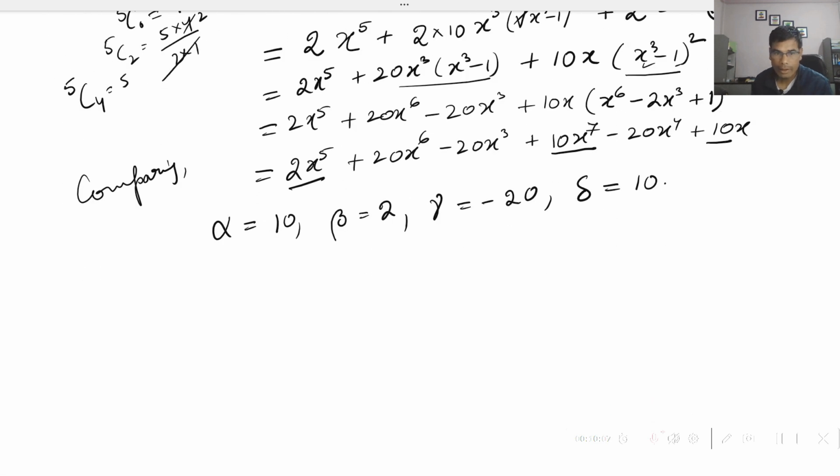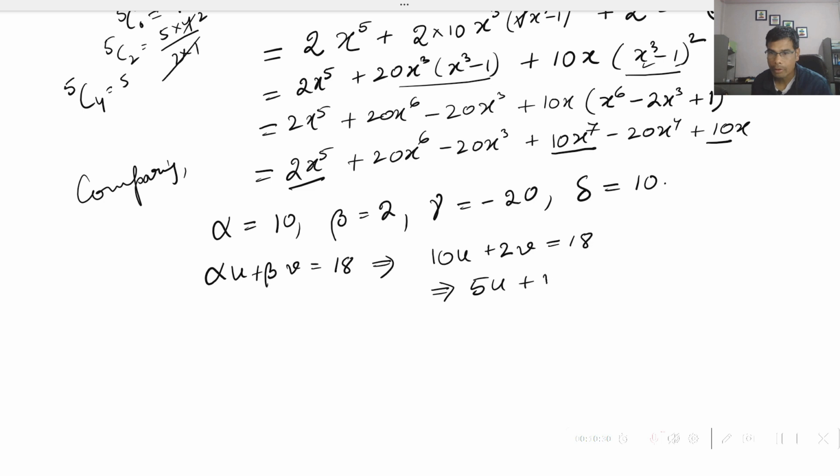So the second part says that alpha u plus beta v is equal to 18. Which implies alpha is 10u plus beta, which is 2v, is equal to 18. So we divide throughout by 2, which implies 5u plus v is equal to 9. So take this as the first equation.